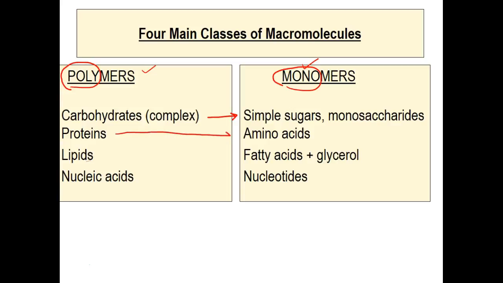Proteins are made up of chains of amino acids. Lipids are made up of fatty acids and glycerol. Actually, the lipid category is anything that is nonpolar, which also includes steroids. But the main lipid in the body is triglyceride, which is made up of fatty acids and glycerol. And then nucleic acids, such as DNA and RNA, are made up of nucleotides.